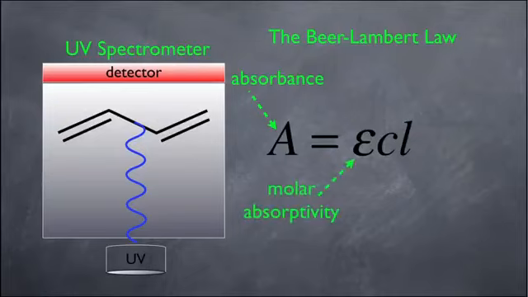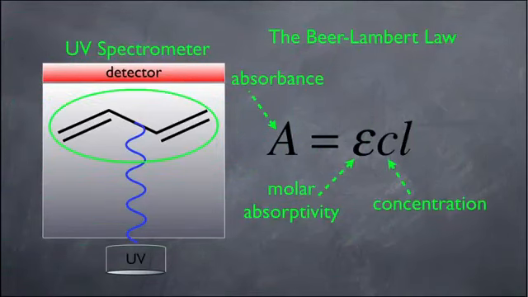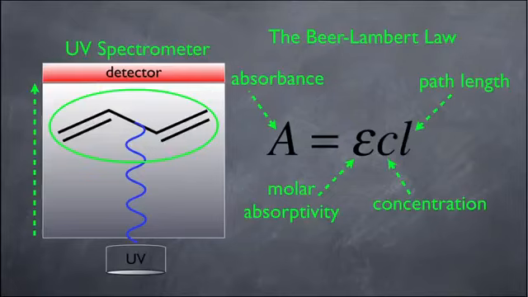Here, you could calculate what's called the molar absorptivity, which is epsilon. Here you plug in the concentration of your sample. And l in the equation right here is just your path length. That means for your specific machine, you see there on the left-hand side, that green arrow, that's the path length. How far does the UV light have to travel to get to the detector? That's what you would plug in here.